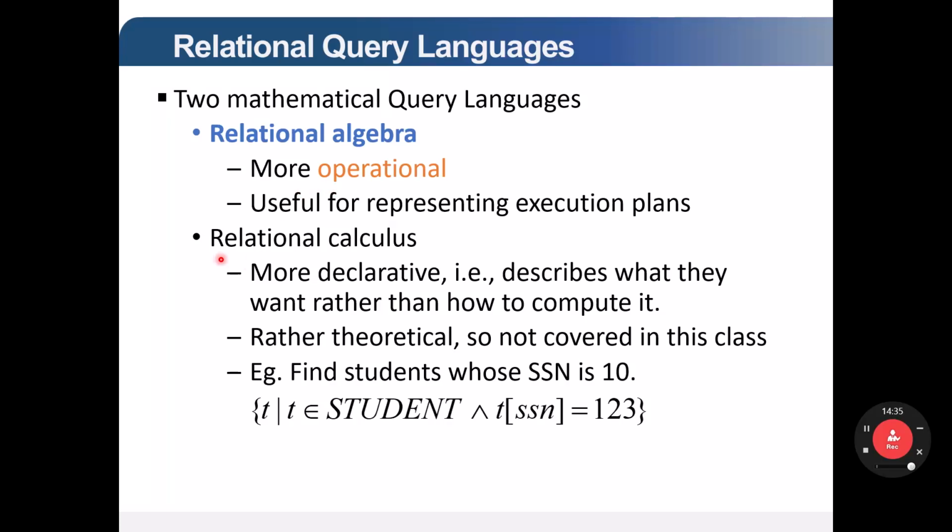And similarly, there's another mathematical theory called relational calculus. This relational calculus is more mathematical, it uses more mathematical notation like this bottom example. So you can define a query as a set of tuples such that the tuple belongs to the student relation, and the SSN attribute of the tuple must be 123. So you can define a given query using these set notations, and we call this kind of language relational calculus.